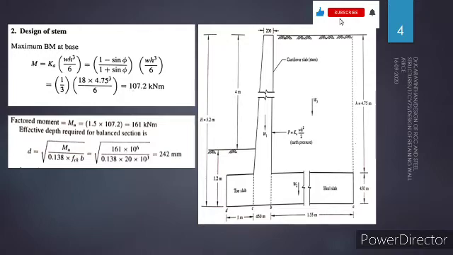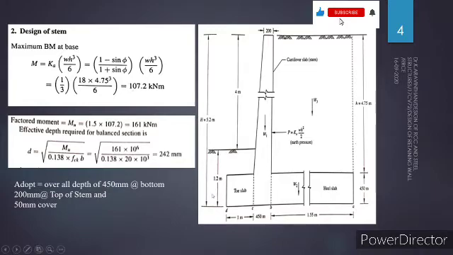If you simplify, this formula is available in IS 456. The depth essential for this stem is 242. Hence, we shall provide an overall depth of 450 mm.